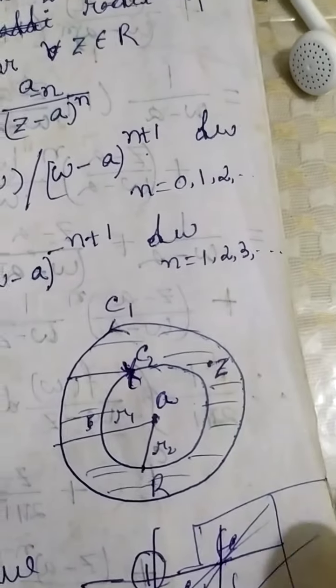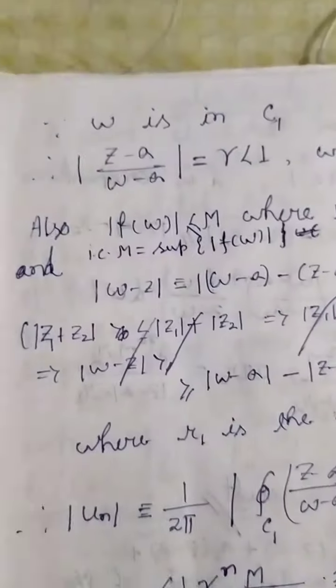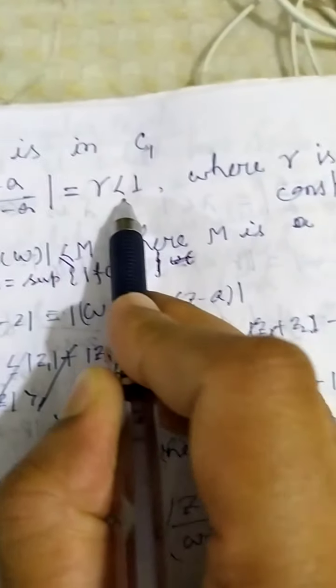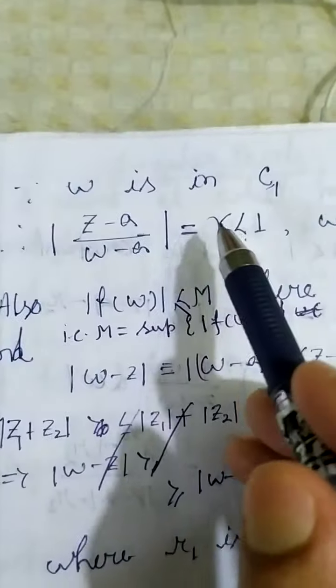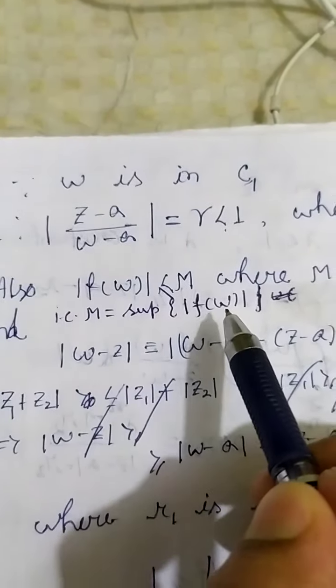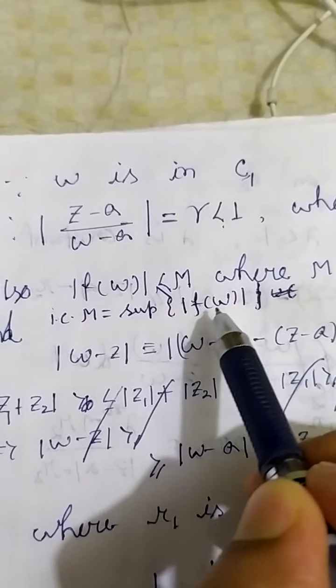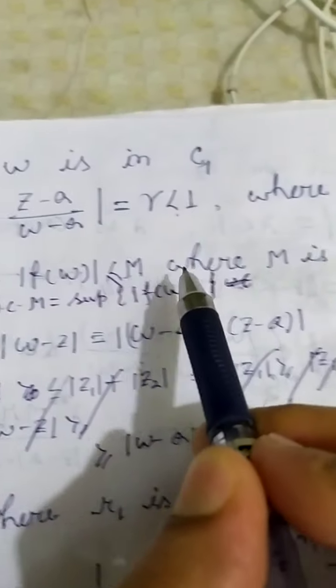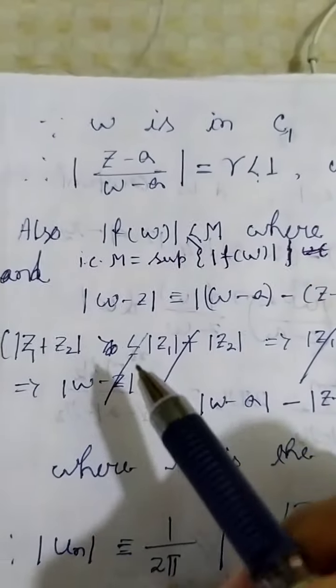Therefore, if I consider the ratio, this is equal to gamma, which is always less than 1. Gamma is a constant. Again, if I consider the supremum value of all f of w, say m, then the absolute value of f of w is less than or equal to m, where m is a constant.